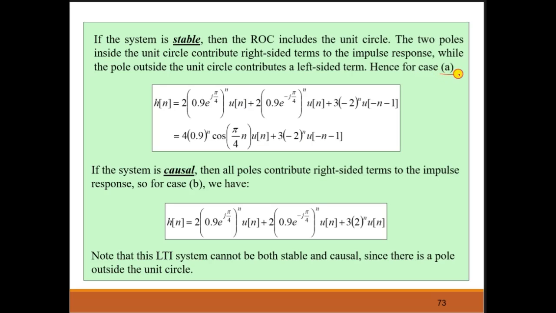Hence, for A, dia mesti satu, this part is causal.